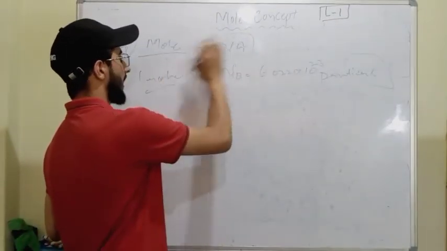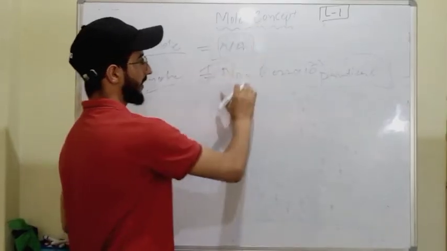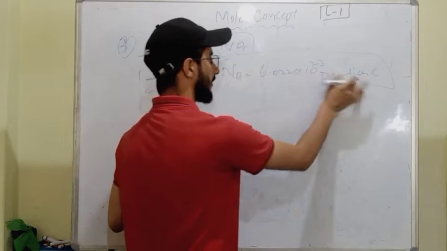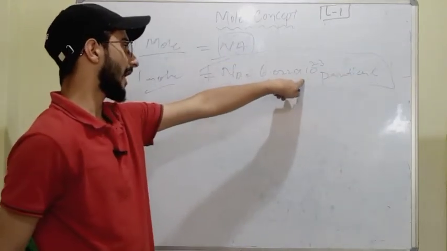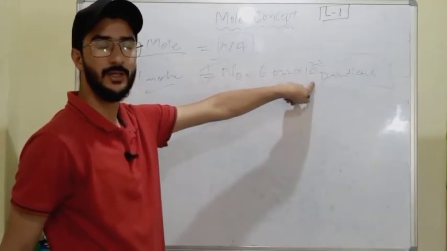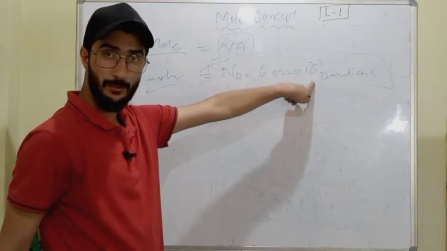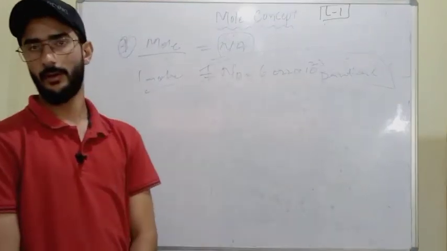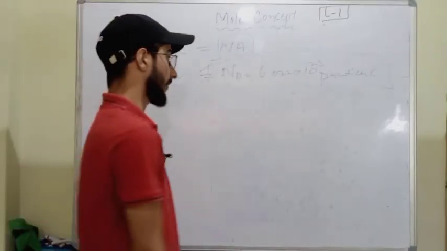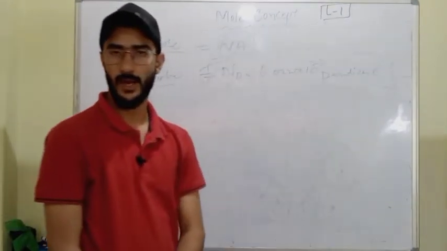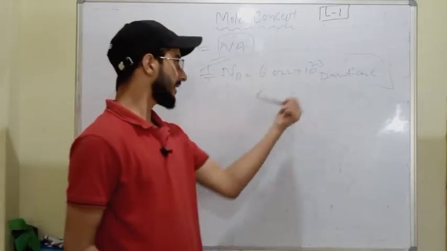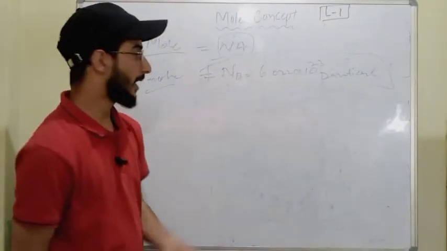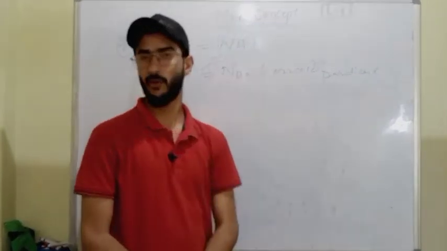When we have Na number of particles, which is 6.022 into 10 to the power 23 particles, that much of ions, that much of molecules, that much of atoms, I will call it the mole. I will not consider it only for atoms. If I'm having this much of particles, this much of eggs, this much of apples, I will call it 1 mole.